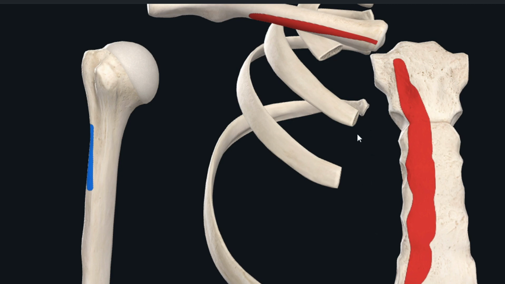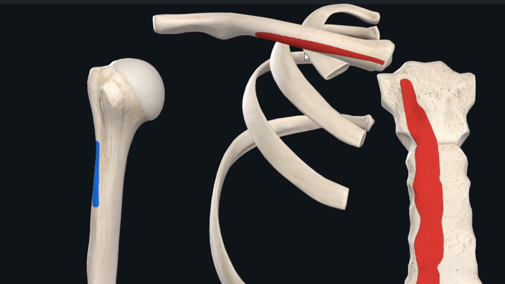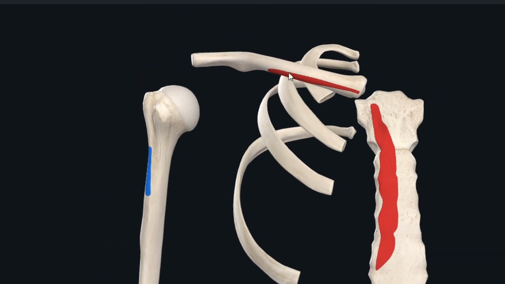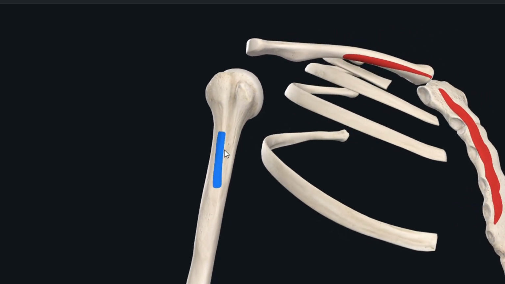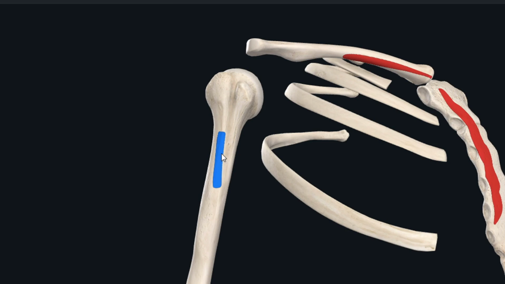So now we are clear that the pectoralis major muscle has two heads of origin, a clavicular head and a sternocostal head, and it inserts on the lateral lip of the intertubercular groove of the humerus. This is the insertion point on the humerus bone.